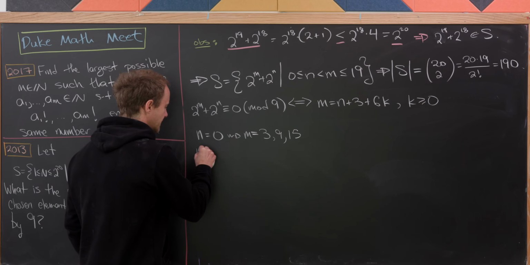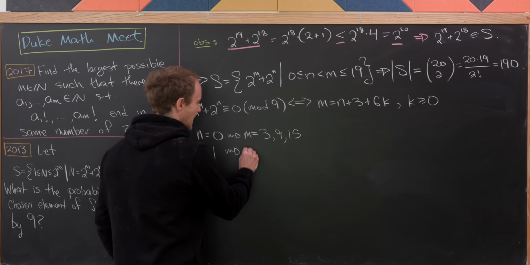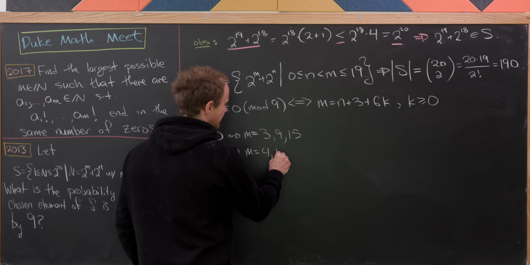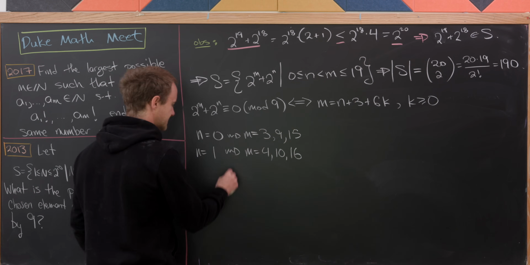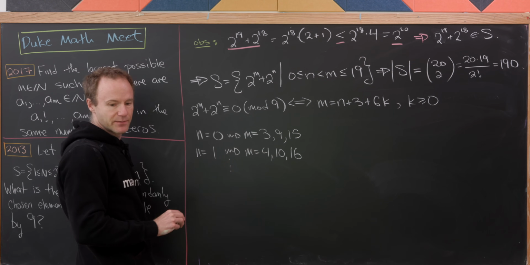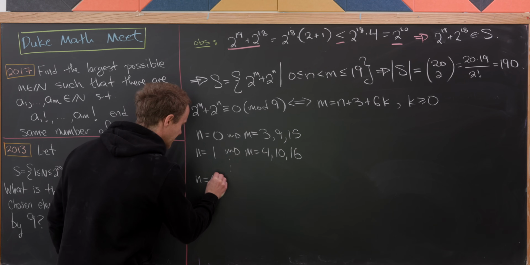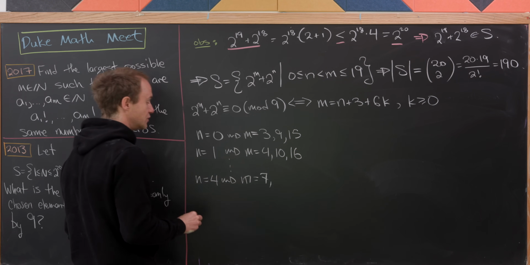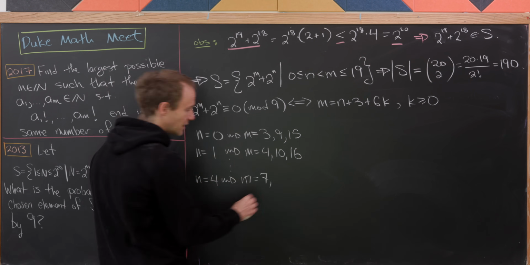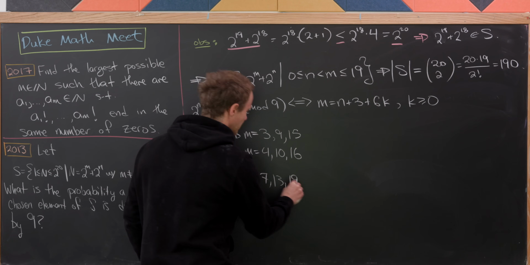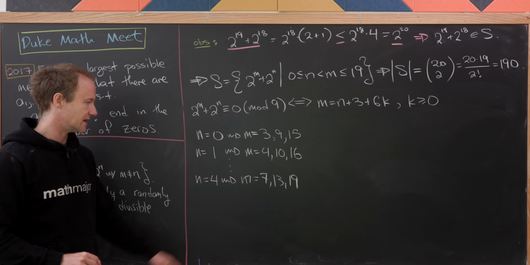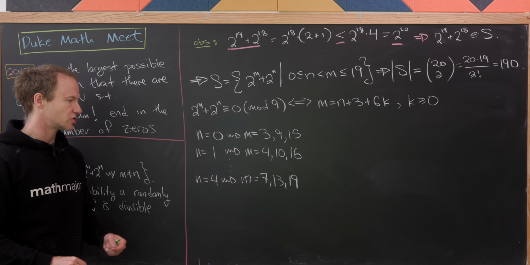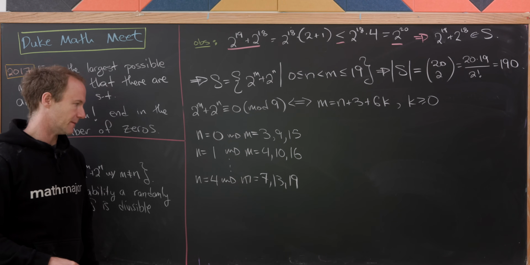Now, let's keep going. So if n is equal to 1, that means that m could be equal to 4, 10, or 16. And now let's skip a couple and get to the point where n is equal to 4, which means m could be equal to 7, it could be equal to 13, or it could be equal to 19. 19 being the largest possible value for m.